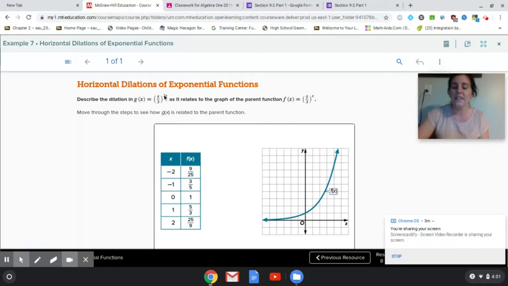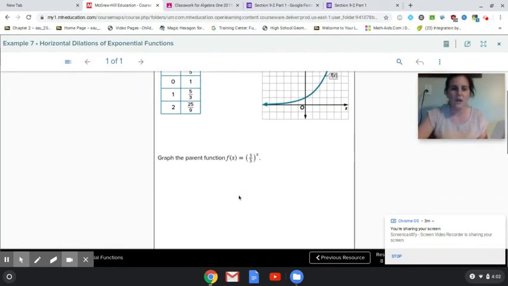We're looking at the exponent part. On the parent function, it's raised to the x, but on g of x, it's been raised to the 2x. So if you think back to what we just discussed, this is going to either be a horizontal compression or it's going to be stretched horizontally, because we're looking at this part where it's raised to the 2 times x. Since it's greater than 1, that tells me that it's compressing my graph horizontally.